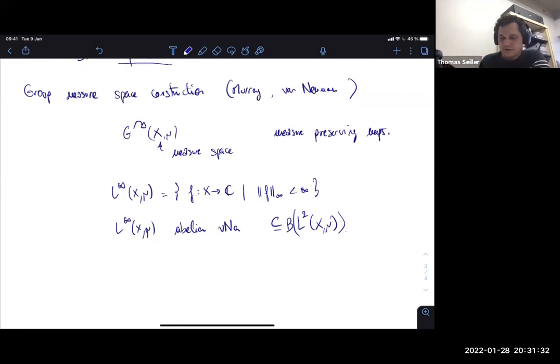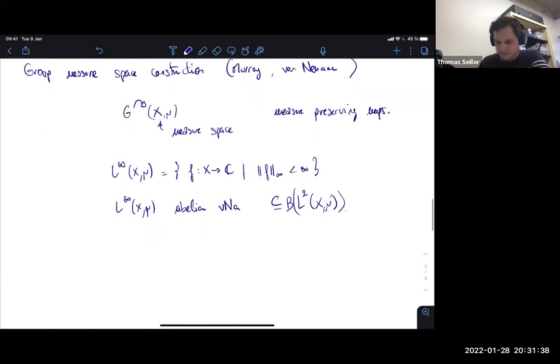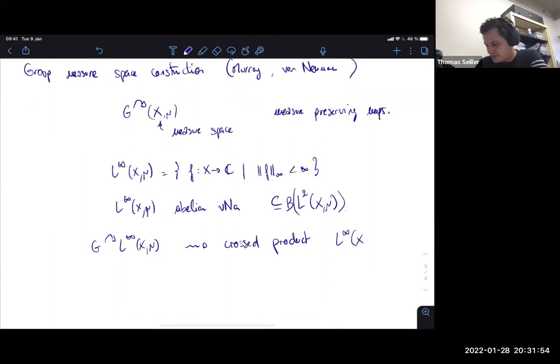And the action of G lifts to an action on L infinity, right? So you have an action of G on L infinity. And so you can do something that's called the crossed product construction, which I will write like this, right?